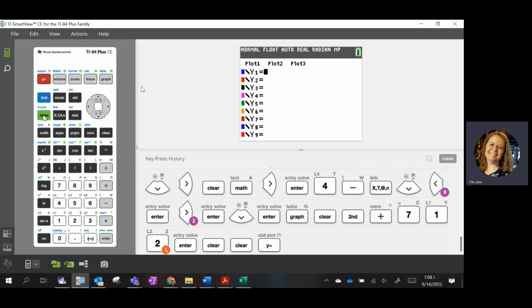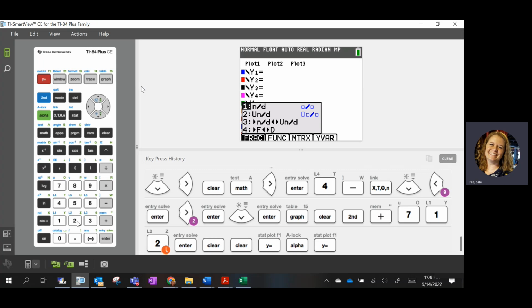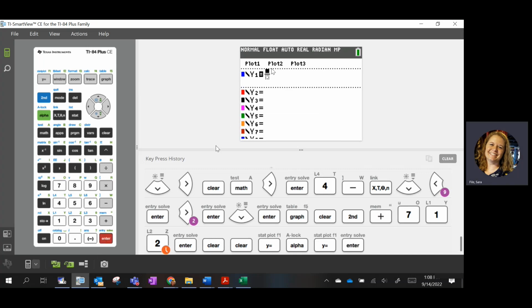So you're going to go to alpha y equals enter, and that gives you the numerator denominator. That makes it easier than having to use lots of sets of parentheses. You're less likely to make a mistake this way. So again, that was alpha y equals enter to get the numerator over denominator fraction. In the numerator is your function.